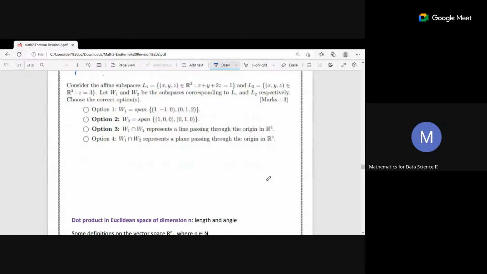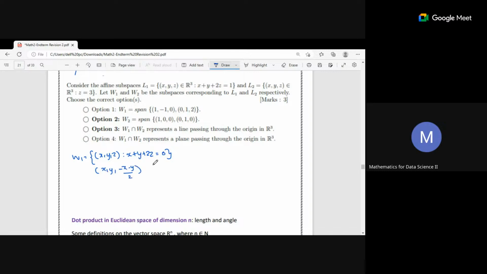Consider the affine subspaces L1 and L2. This is an affine subspace and this is another affine subspace. W1 and W2 are the corresponding subspaces. So what is W1 first of all? The set of all x comma y comma z such that x plus y plus 2z is equal to 0. So it is the set of all x comma y comma minus x minus y by 2.